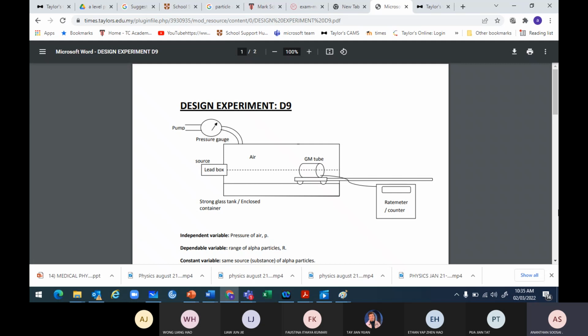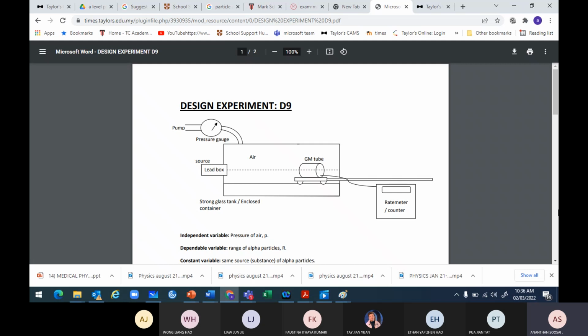Before you conduct this experiment, get the reading without the radioactive source. Get the background radiation. That's extra detail. Then have the lead box, the radioactive source. So you pull it until it's just background radiation, until it dropped for the first time to the background radiation.